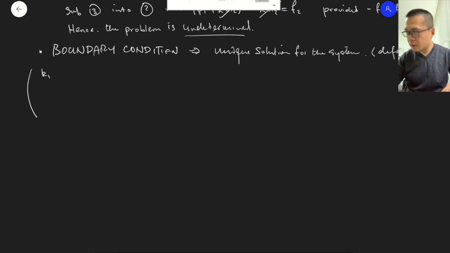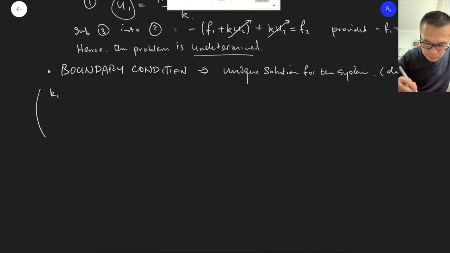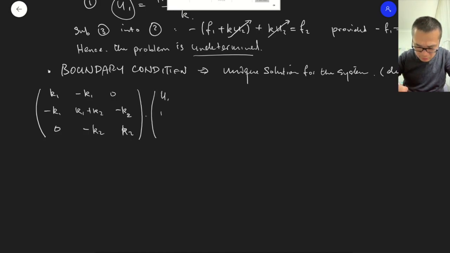K1, minus K1, 0, minus K1, plus K2, minus K1, minus K2, 0, minus K2, K2, times U1, U2, U3, equal to F1, F2, and F3.